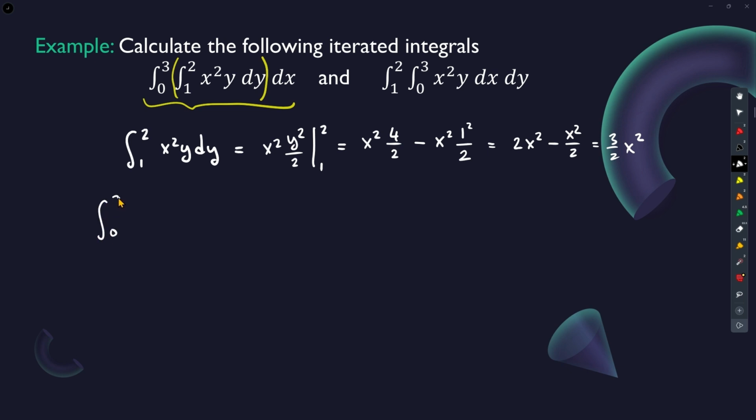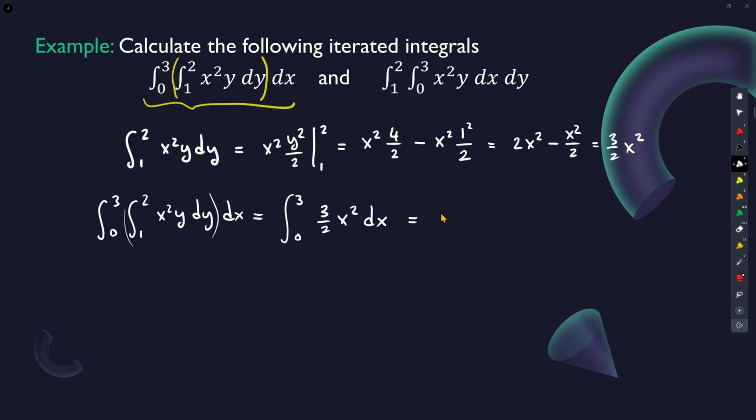So now if I rewrite my integral that I had like this, dy dx, now I know what the value of the inside is. So now I have to do the integral from 0 to 3 of 3/2 x squared dx. The integral of x squared is x cubed divided by 3.